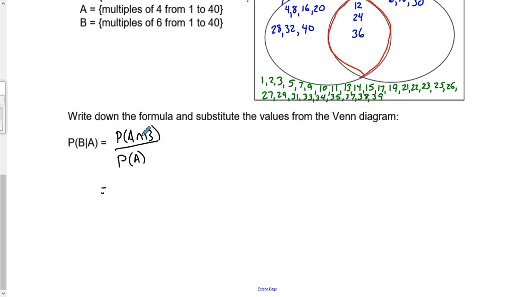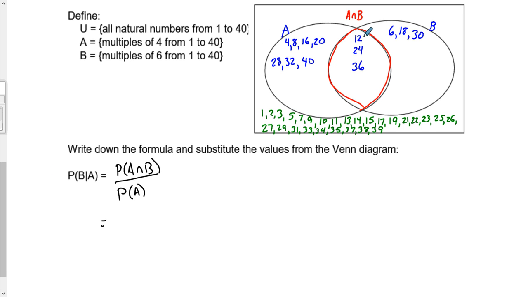Let's go through this. What's the probability of a number being a multiple of 4 and a multiple of 6? If we go to our Venn diagram, we can see that it's 3. But it's 3 out of what?